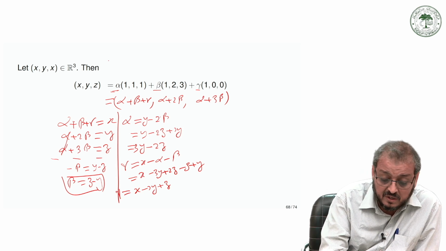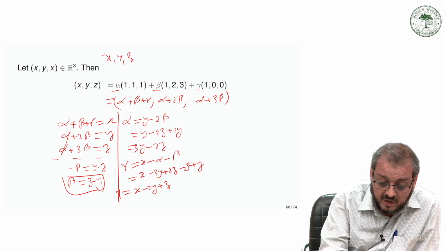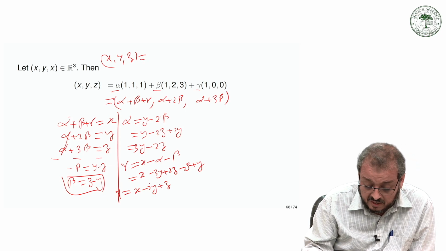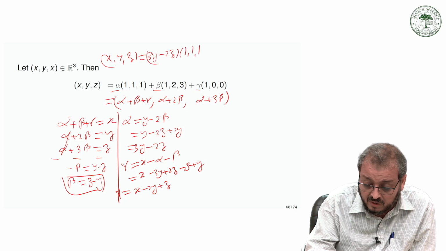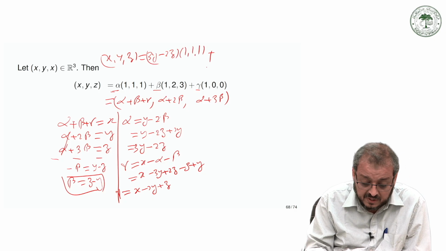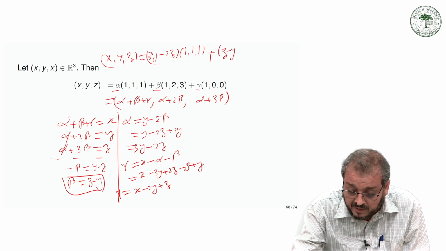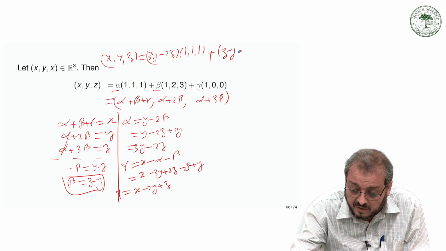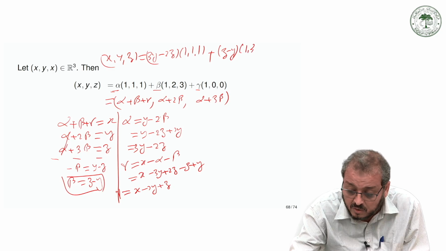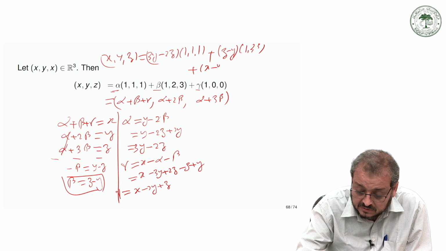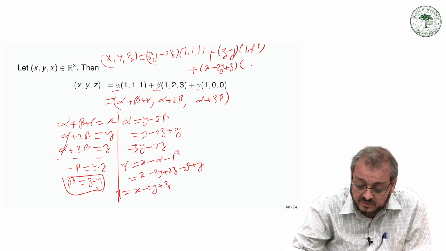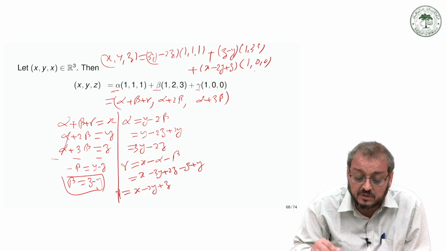So this means this (x, y, z) can be written in the form of alpha, where alpha is 3y minus 2z, times (1, 1, 1), plus beta, which is z minus y, times (1, 2, 3), plus x minus 2y plus z times (1, 0, 0).